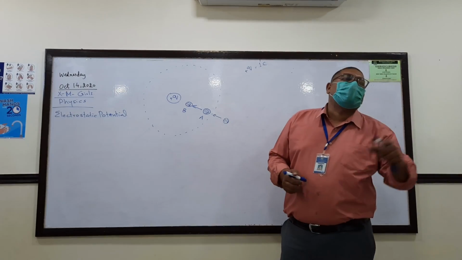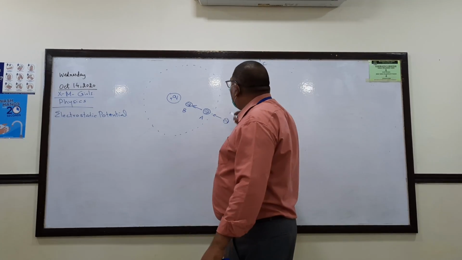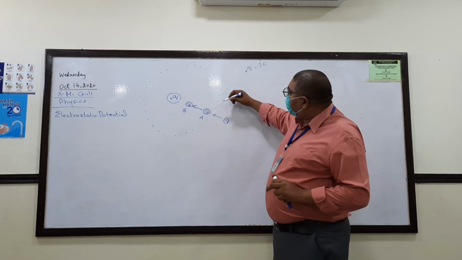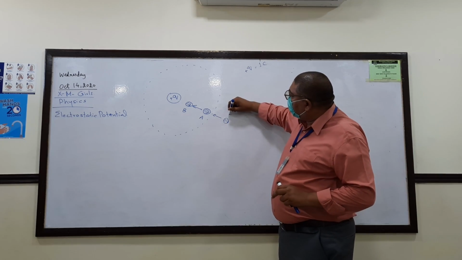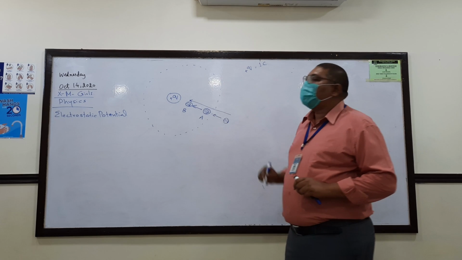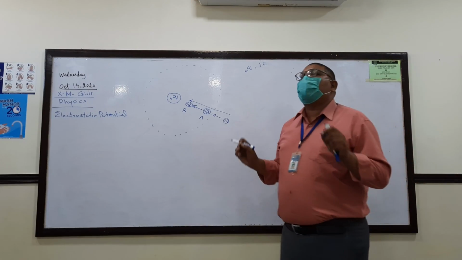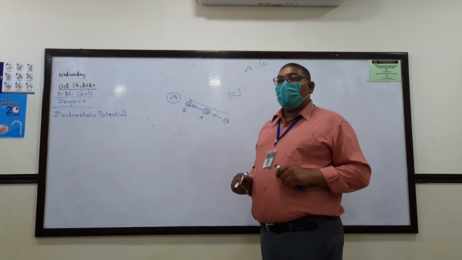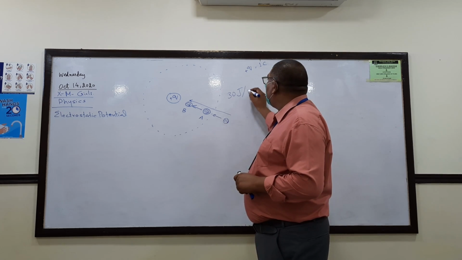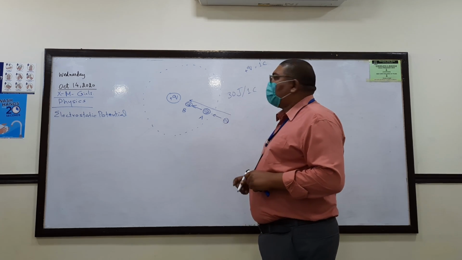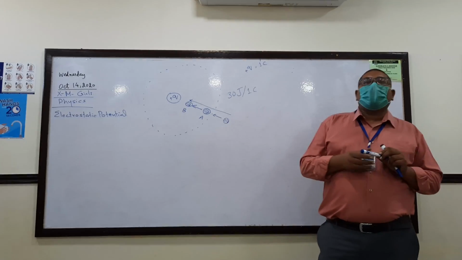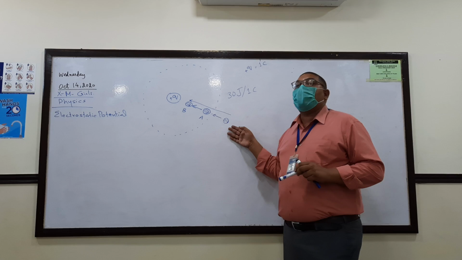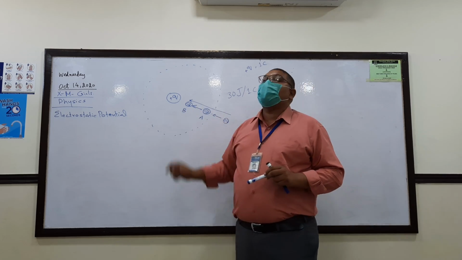For example, just for your understanding, when you move from infinity to point B, suppose you did 30 joules of work on this unit positive charge to move it from infinity to the point B.